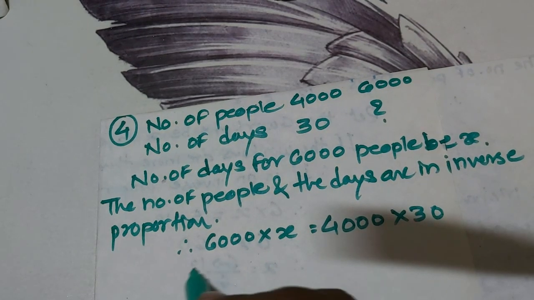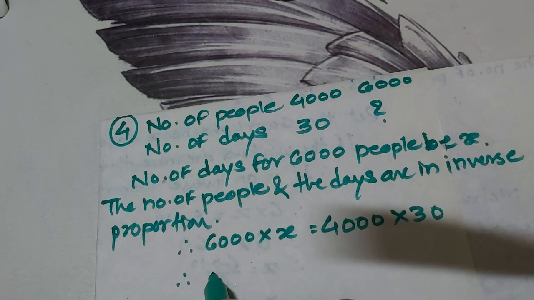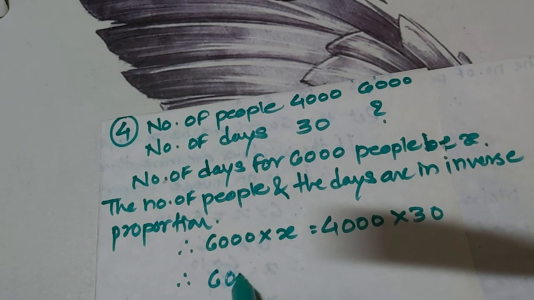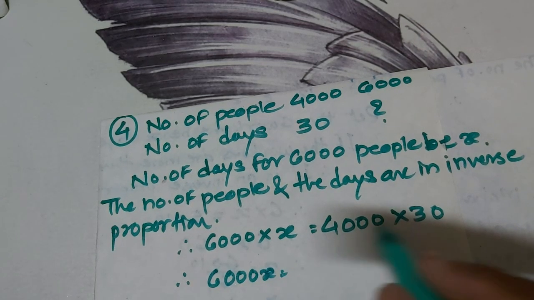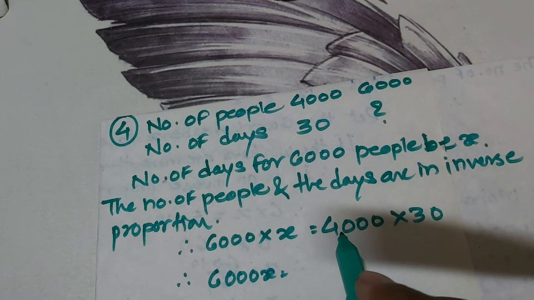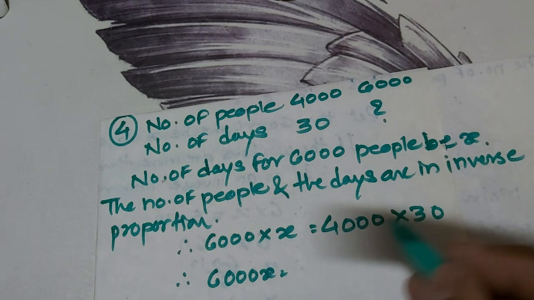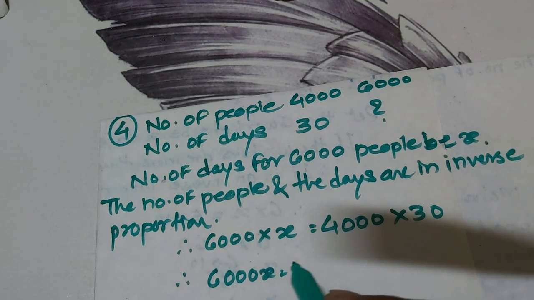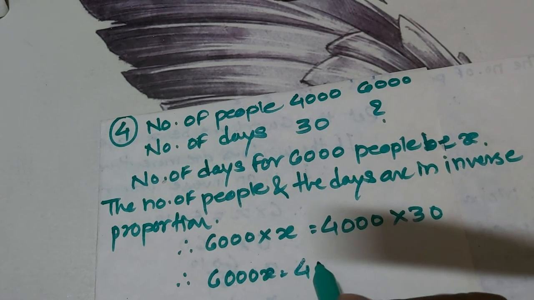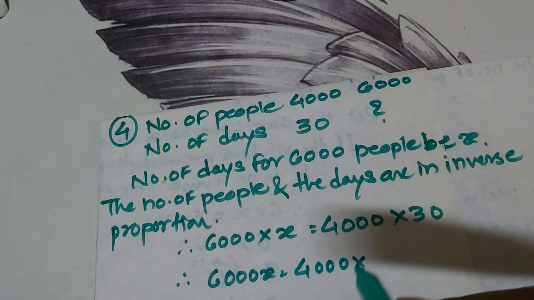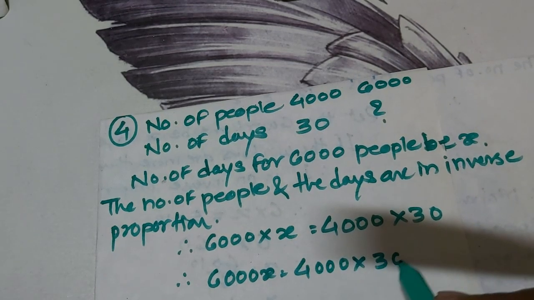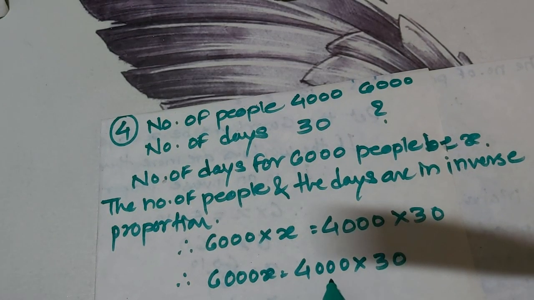Therefore 6,000 x is equal to 4,000 multiplied by 30. We can do this multiplication, otherwise just write as it is, because you can do the calculation to save your time. So just write this step.